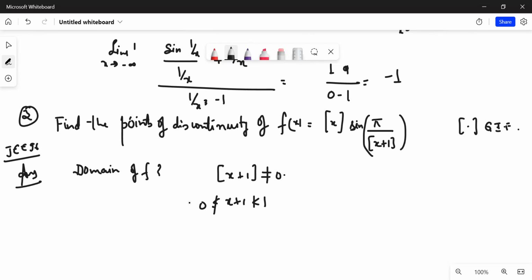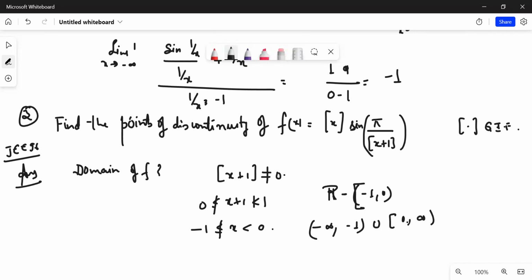Yes, sir. Okay, and that would imply that x should not lie between -1 and 0. Or in other words, my domain would be all real R except this. Is that clear? So your function would be defined for all these values, right?